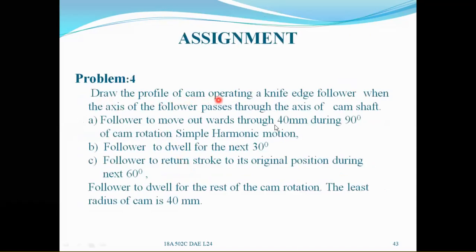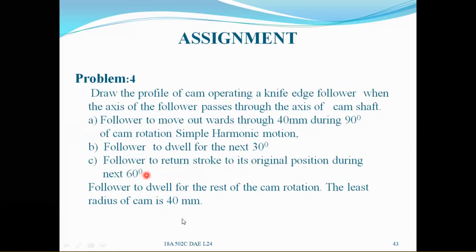Draw the profile of a cam operating a knife edge follower when the axis of the follower passes through the axis of the camshaft. The follower moves outwards through 40 mm, that is a stroke of 40 mm, during 90 degrees of cam rotation with simple harmonic motion. The follower dwells for the next 30 degrees, and returns to its original position during 60 degrees of cam rotation.